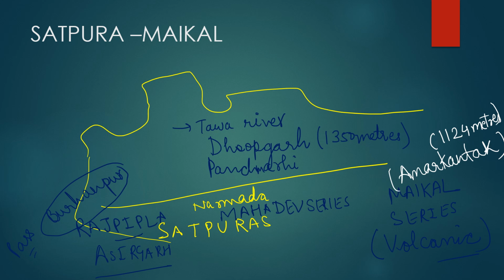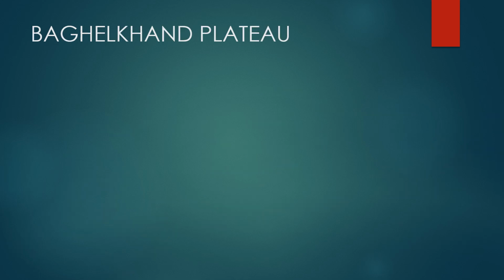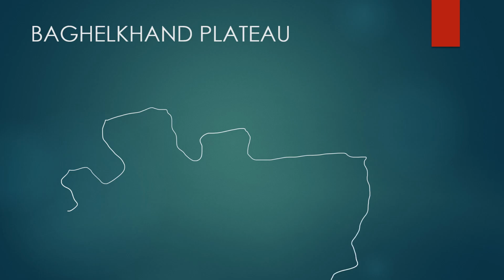The next plateau we have is the Baghelkhand plateau. Moving to Baghelkhand, it is present at the rightmost corner. Baghelkhand is present at the rightmost corner, the easternmost region.